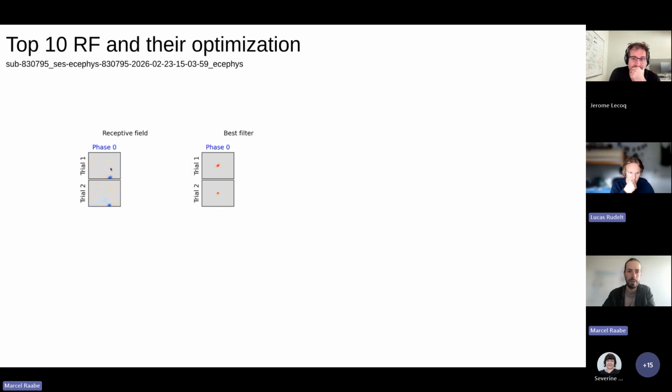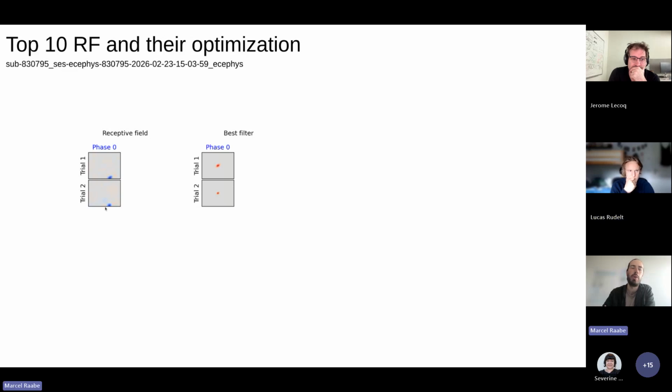And what I'm showing here is, when I take this filter and put it on this position here, what would be the correlation value at this position between the activation of this stimulus and the unit's firing. And here you can see the blue color indicates a negative correlation.